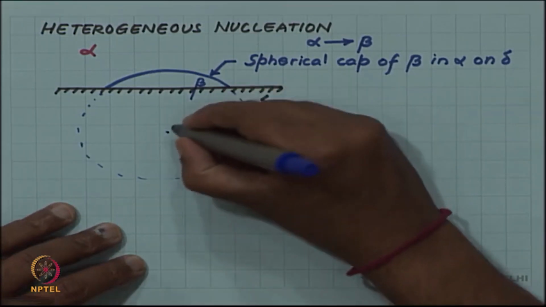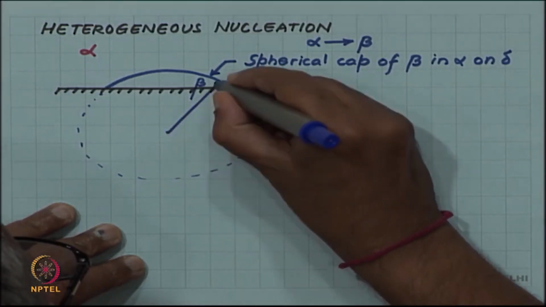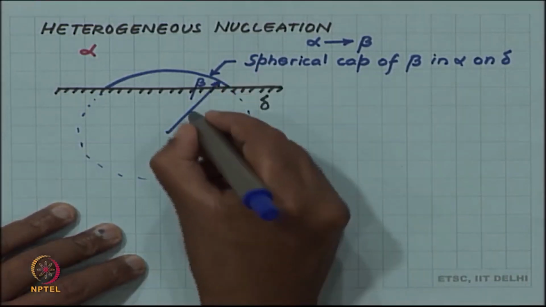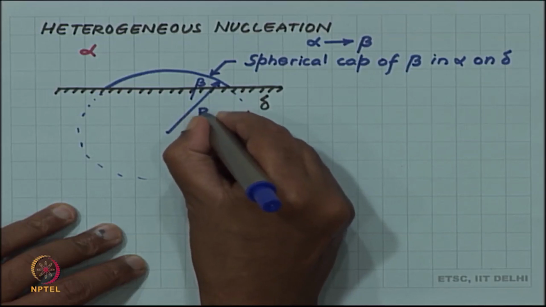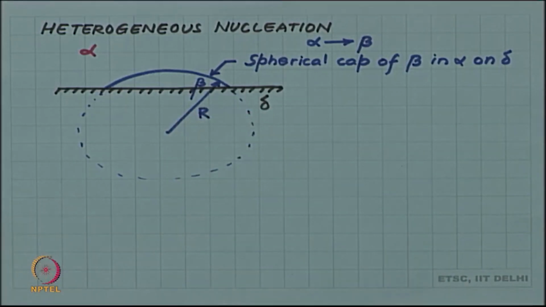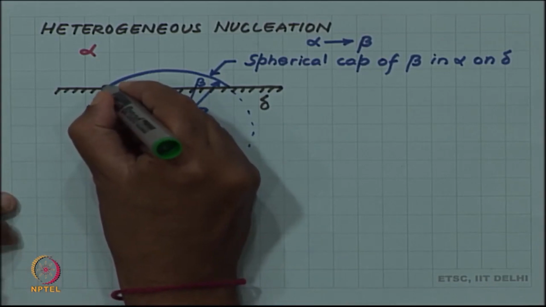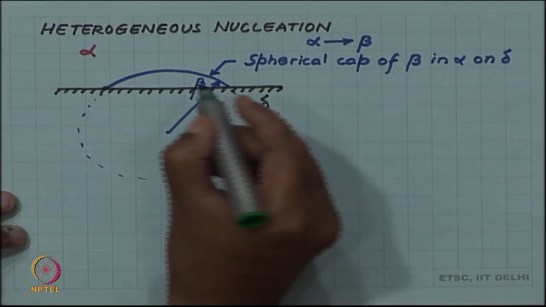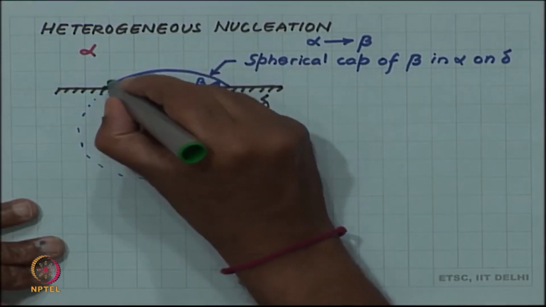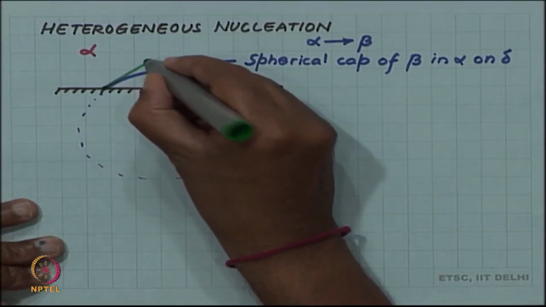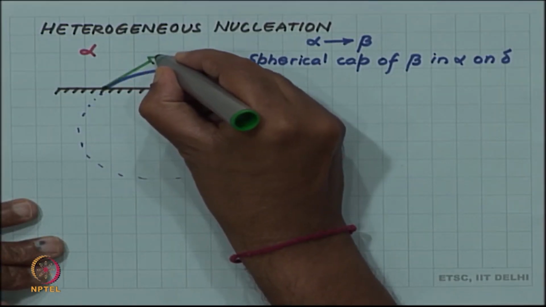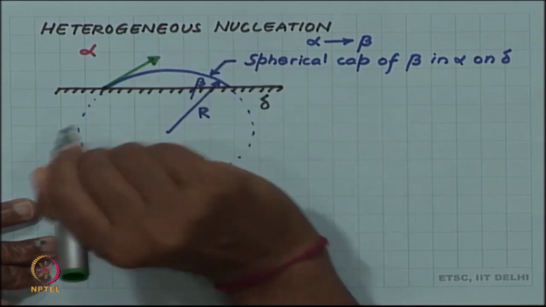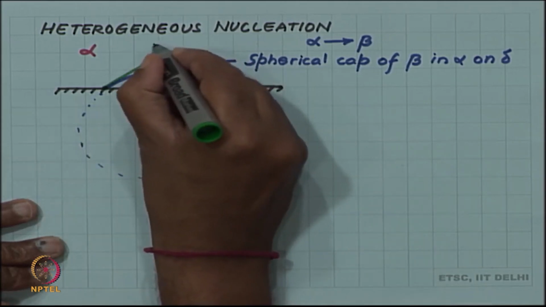So, the center of the sphere and the radius as r. Now, three kinds of interfaces are involved here, and they are meeting at a junction like this. So, you have for example the alpha beta interface, and I am showing the surface tensions by these arrows.